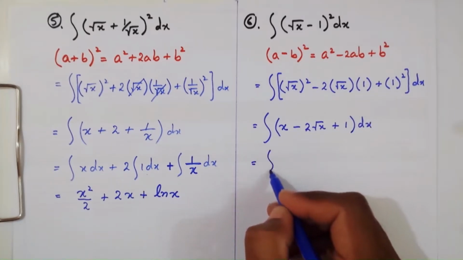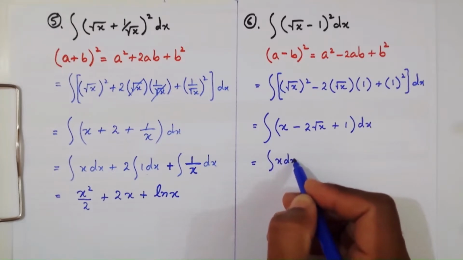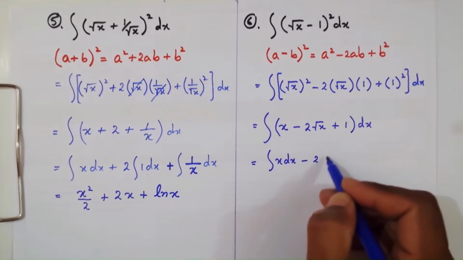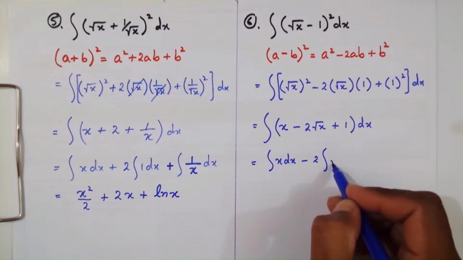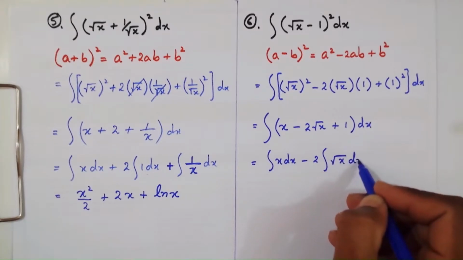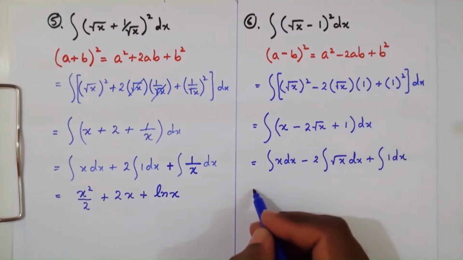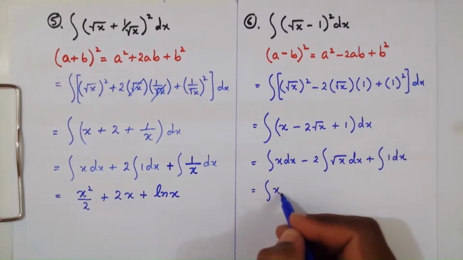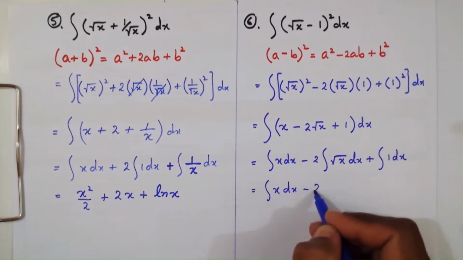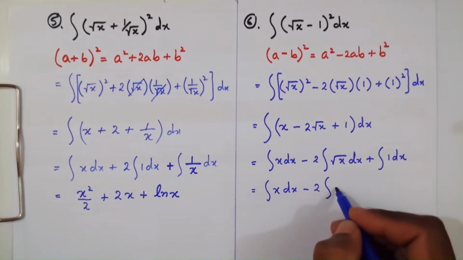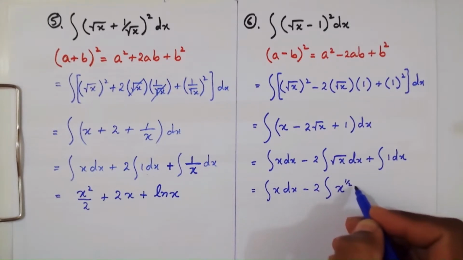Applying the integral sign separately with each term and taking out the constant value, now you can find out the integration same as the previous procedure. We convert this radical sign into power.